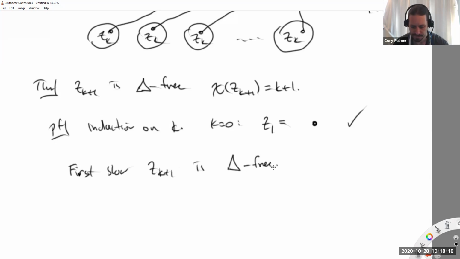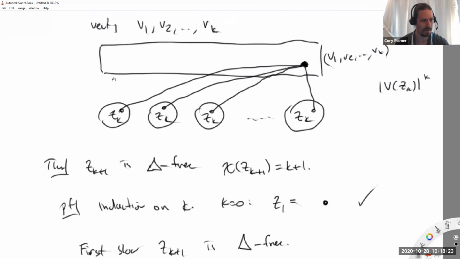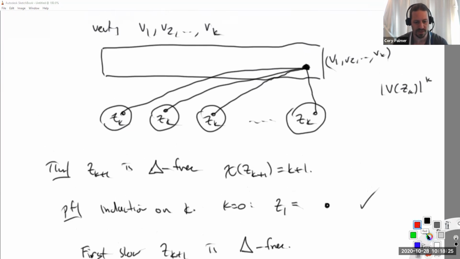Okay, all right, so how does this go? Let's look at our construction real quick here. Actually, we can prove it by looking at the construction. What does a triangle look like? There's no triangle inside of a Z_k, because Z_k is triangle free by induction. There's no edges between two copies of Z_k.